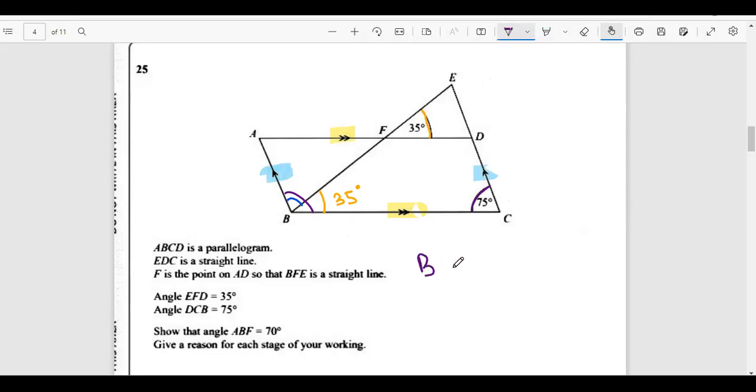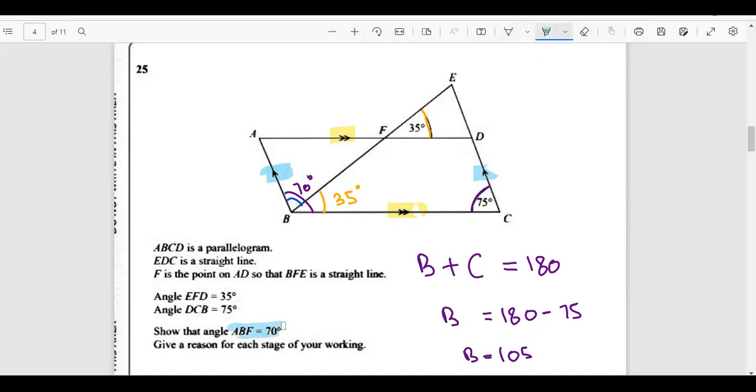So complete angle at B plus complete angle at C would give you 180 degrees. So angle at B would be 180 minus C, that is 75 degrees, and B would be 105 degrees. Now complete B is 105. If I subtract 35, I am going to get the blue angle as 70 degrees, and this is what I was supposed to show.